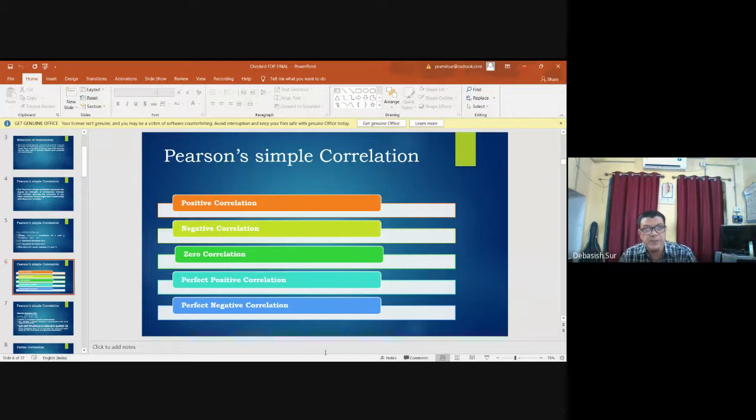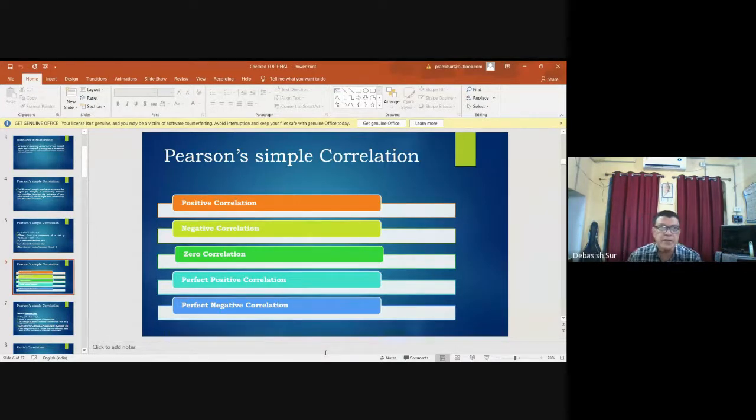Next one is spurious correlation or nonsense correlation. This is not given in this slide. Spurious or nonsense correlation. That means if there is a mathematical relationship between these two variables, but there is no cause and effect relationship between them, then the correlation is called spurious correlation or nonsense correlation.